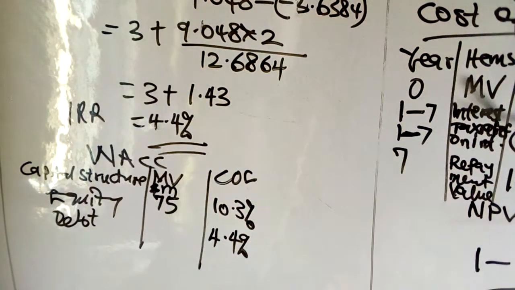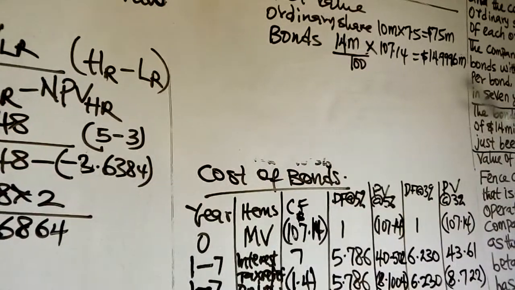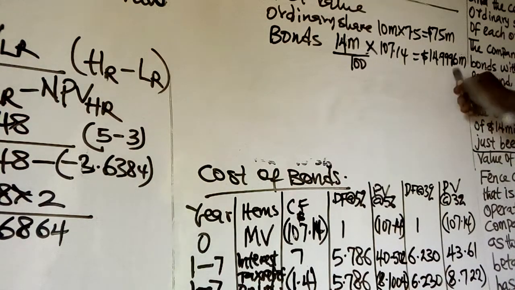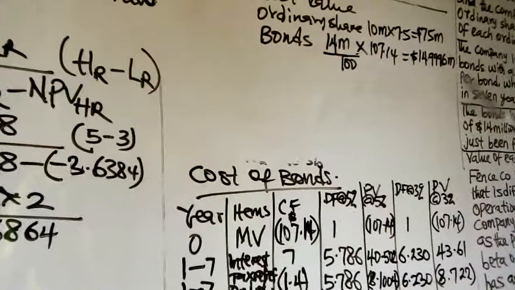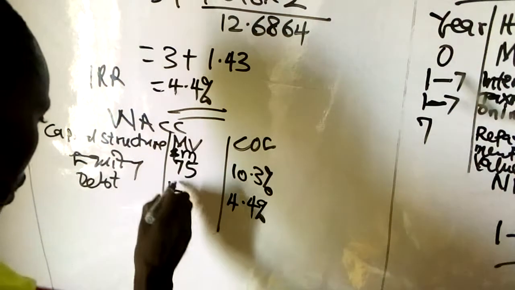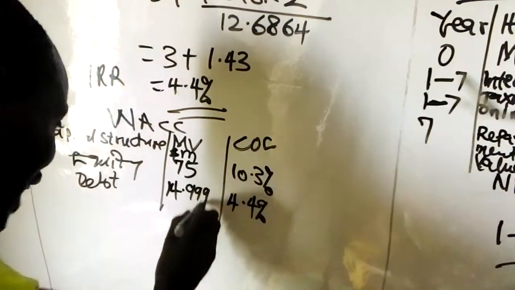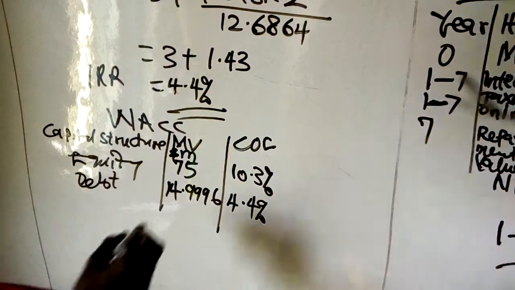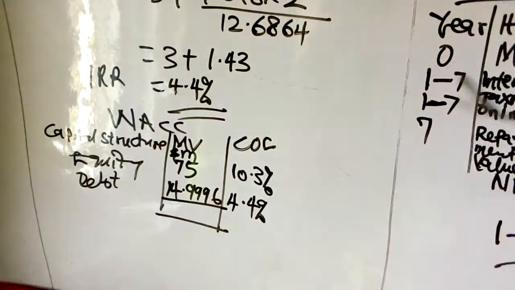The market value of debt, which is the bonds, has equally been calculated to be 14.9996 million.